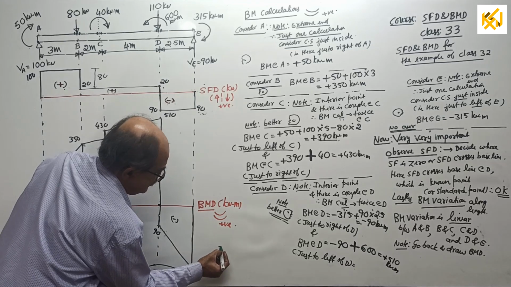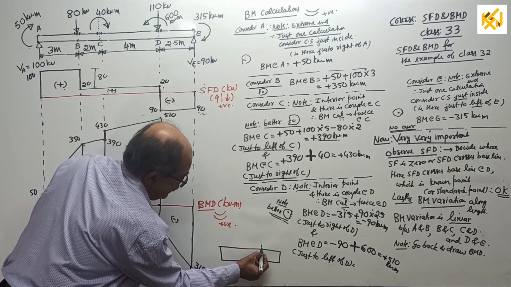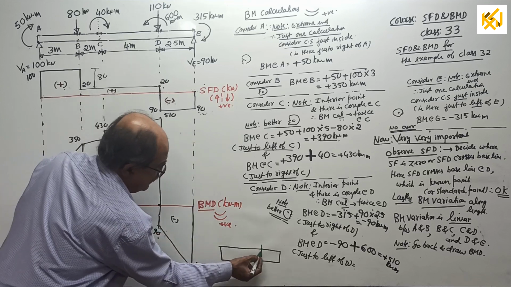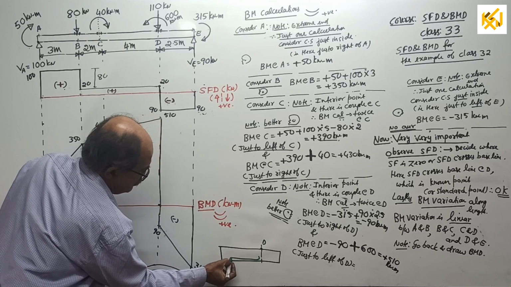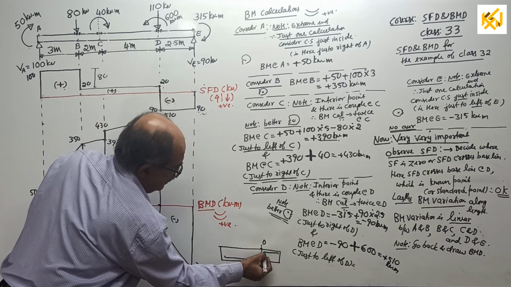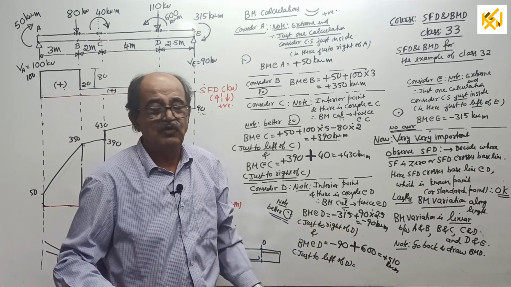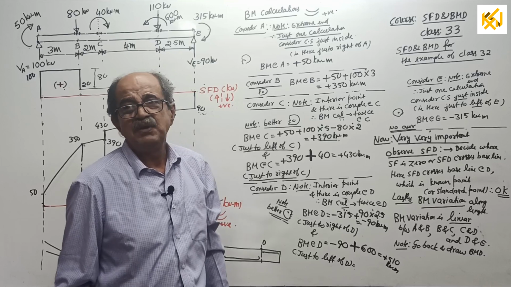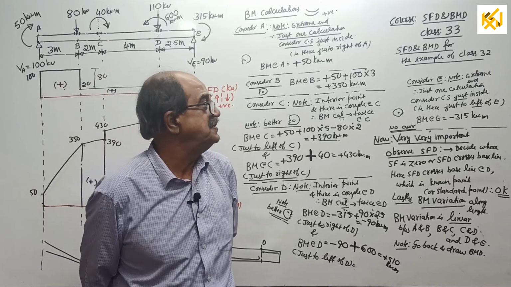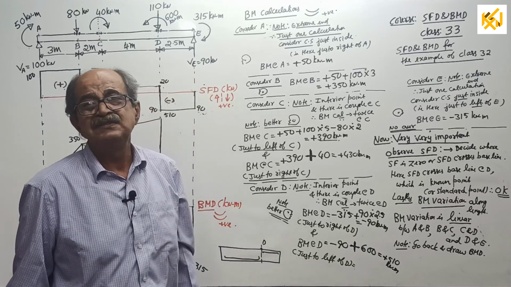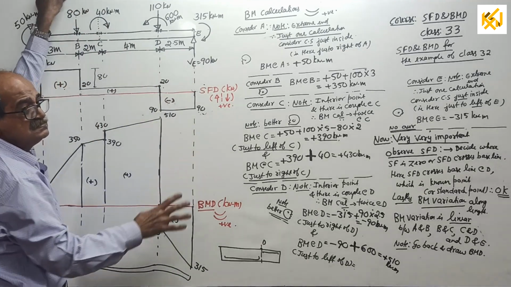Therefore, your tension reinforcement is required as per basic. That point D means here you require bottom steel, here you require top steel as per basic calculation. Of course, extension of bars all will be there, not required for us now, because this is strength of materials. We are not supposed to discuss RCC here. This is BMD for this beam.